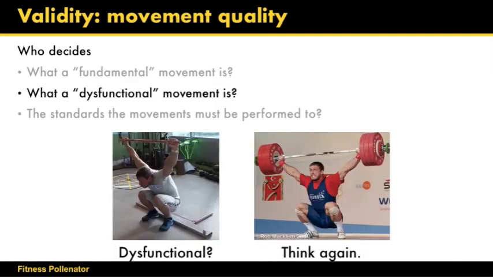How about movement dysfunction? Suppose you have a person like Dmitry Klokov here, who's actually an Olympic silver medalist in Olympic lifting, who has an overhead squat on the FMS's standard like the one pictured on the left. So according to the FMS, you have to have your feet hip width apart, toes forward, and your hip crease has to go below your knee at the bottom of the squat.